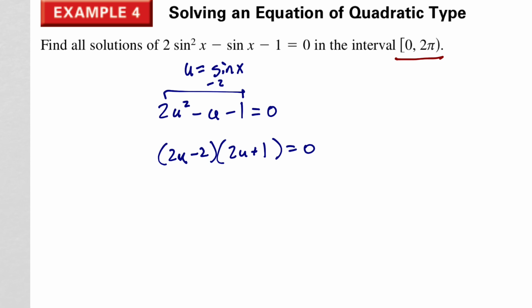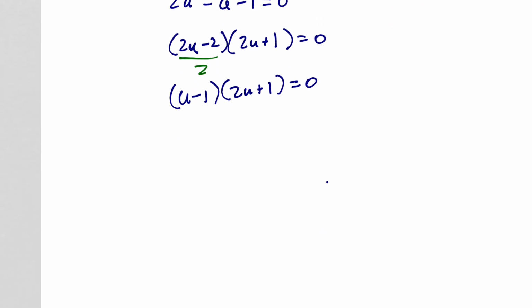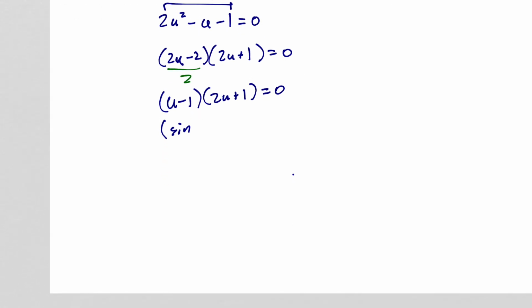And we'll divide out whatever we can. That's going to be 2. So I'm going to end up with u minus 1 times 2u plus 1 equals 0. So putting it back in terms of sine, that's sine x minus 1 times 2 sine x plus 1 is 0.